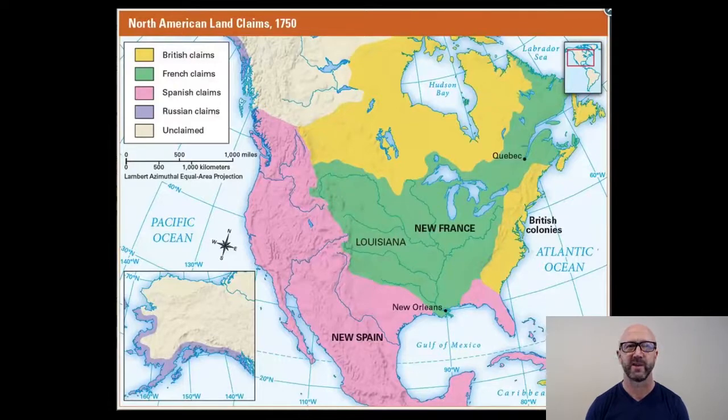Every once in a while, the French and the Spanish join allegiances, but never for very long. You see then the way that North America by the middle of the 18th century is kind of divided up. The British colonies are on what today we would think of as the eastern seaboard of the United States. France comes in through northern Canada and then migrates into the plains areas of what eventually becomes the United States, doing a lot of trapping and so forth.